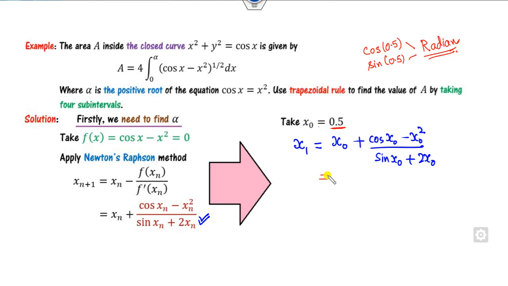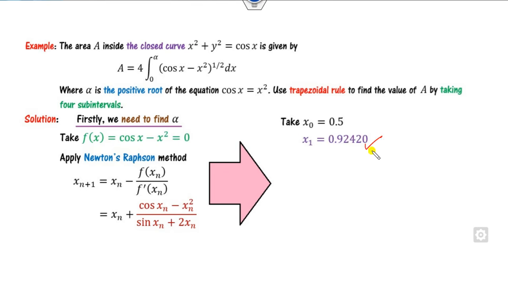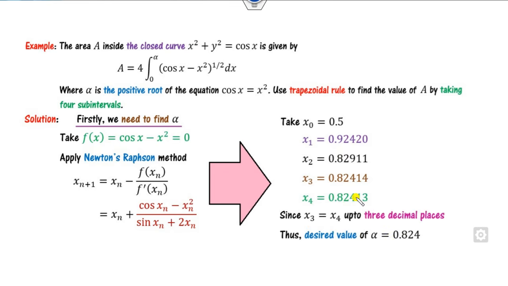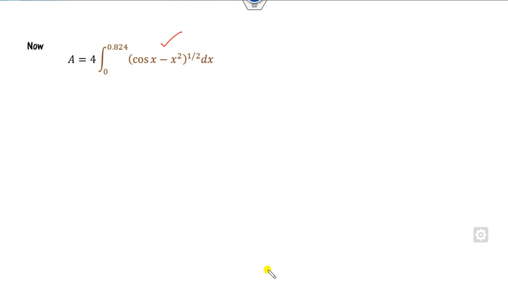Once you solve, you will get the value of x1 as here. Substitute this value of x1 again in this equation, you will get x2, x3, x4. Now it clearly says this value is correct up to 4 decimal places. So the desired root is here, and this alpha is 0.824.